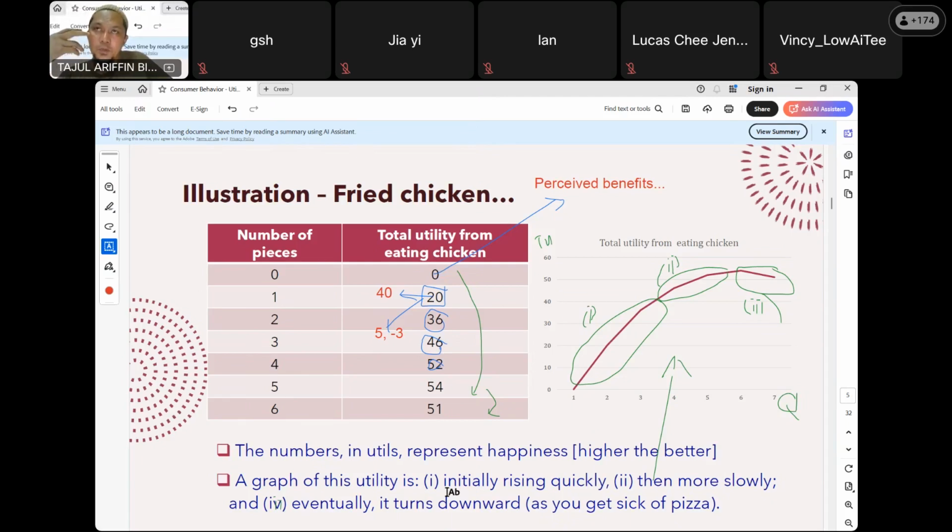Therefore, we may wrongly pick a product, goods or services, that we believe gives us some benefit, but actually it doesn't, or it may not be suitable for you. That's why every one of us, when we consume, has to think many times.